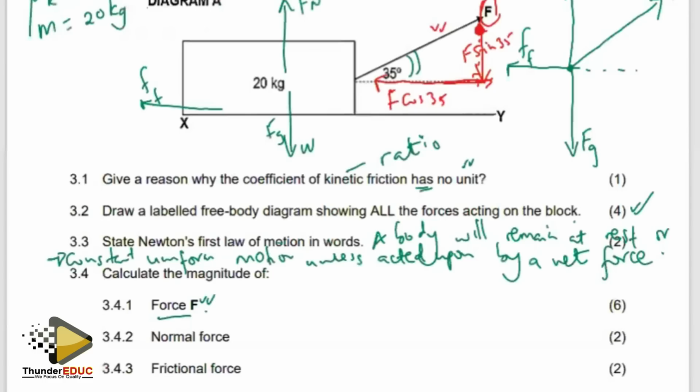We say that our F net is equal to ma. Then if I focus on the horizontal forces that are acting, the direction is in this direction, not the other way around. So this will be my leading applied force horizontally.